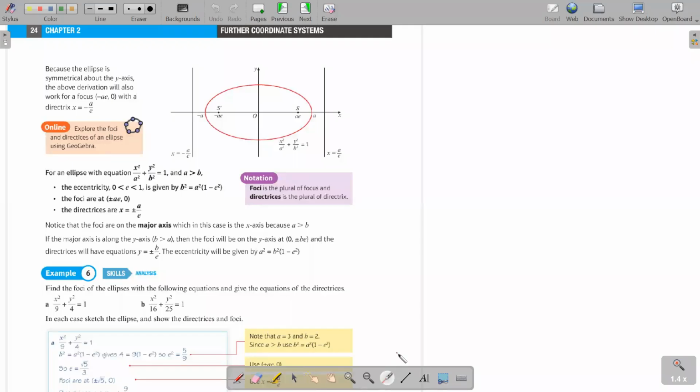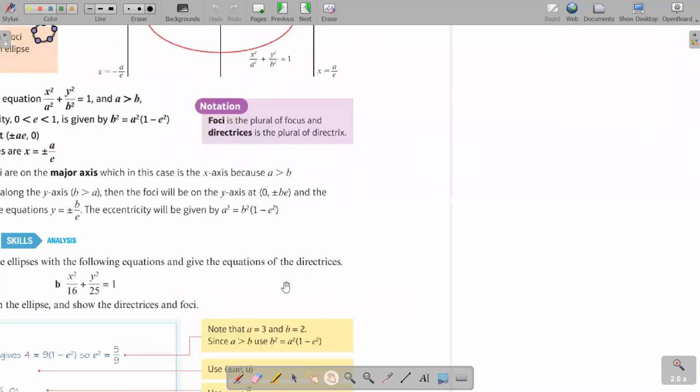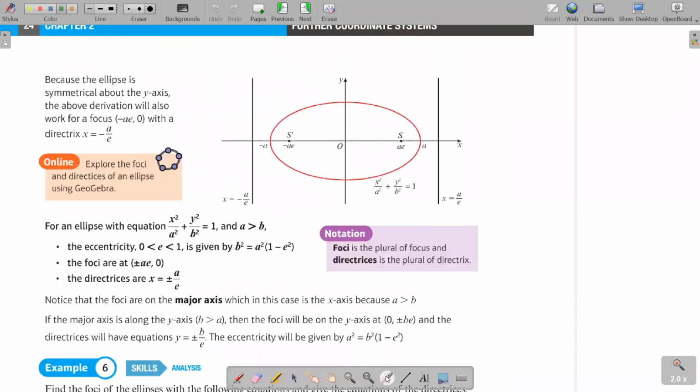Okay, so based on everything that we have found right now, we have a lot of information we need to mark. So this is the full diagram for the ellipse. Can you see? So this is your ellipse, and in addition to the cutting points a, minus a and b, minus b, we now have what? We now have something called a focus, right? So your focus AE, and can you see an ellipse has two foci, right?